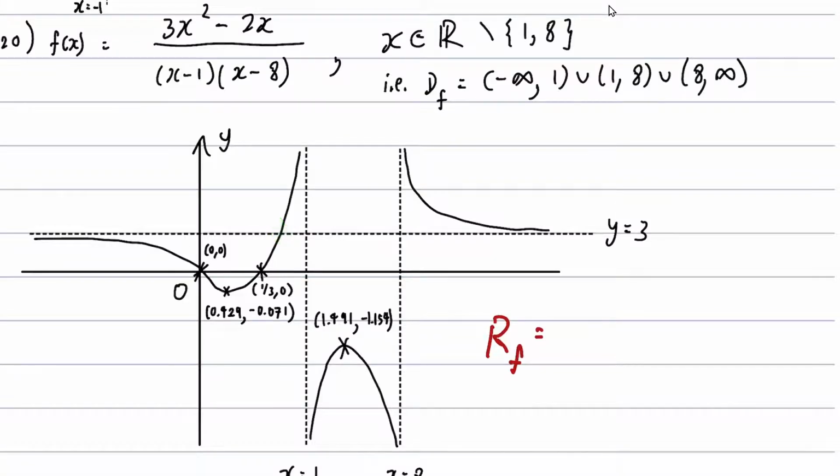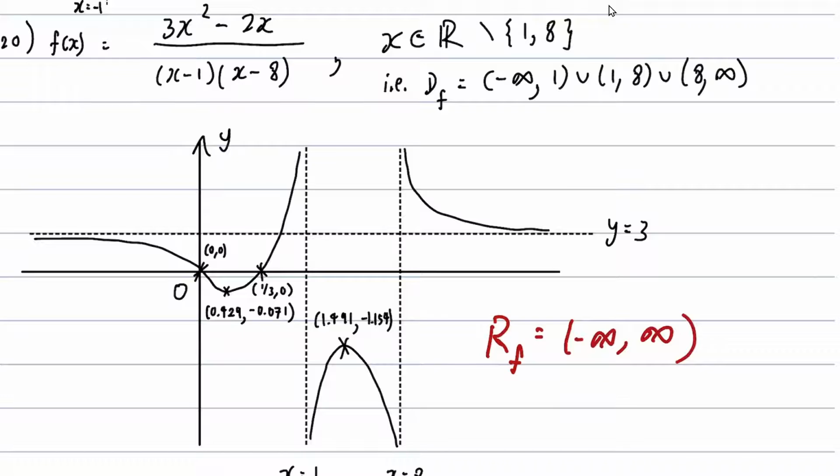Because range is really just a set containing all the possible y values. And you hit 3 here, right? So that means 3 is inside the set. So no, you don't exclude the 3. Okay. So what's the range? Then negative infinity, positive infinity.